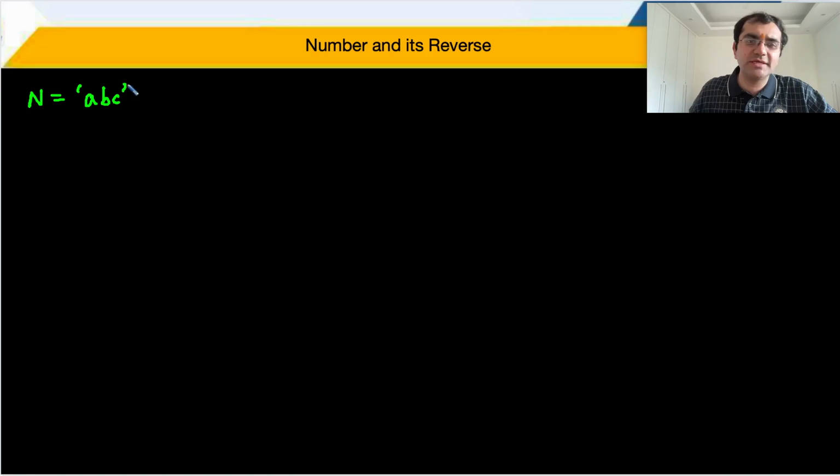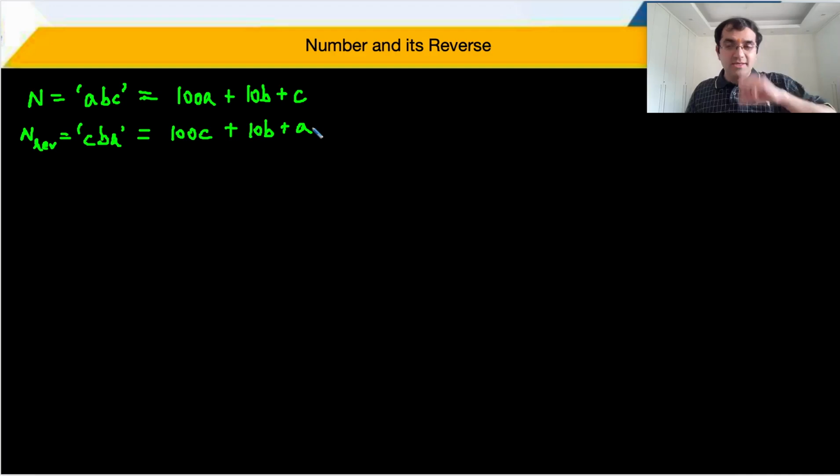And in addition, let us also consider a three-digit number. A, B, C. The three-digit number will be 100A plus 10B plus C. The reversed number, CBA, would be 100C plus 10B plus A. Now, as you can see, if I were to add both the numbers, I will get 101A plus 20B plus 101C.